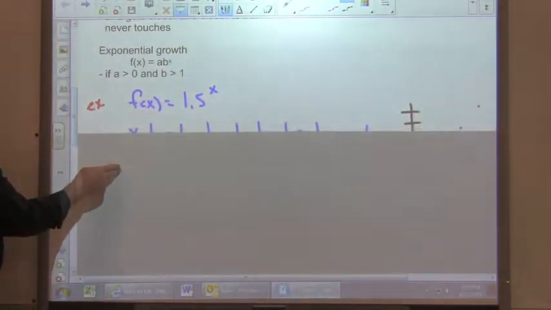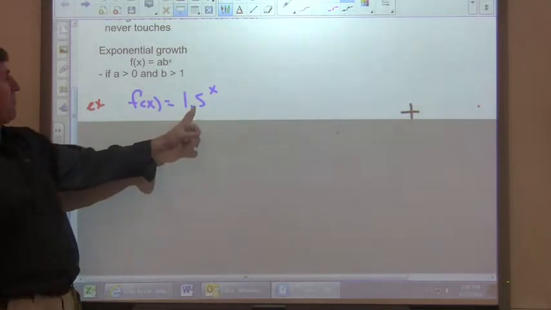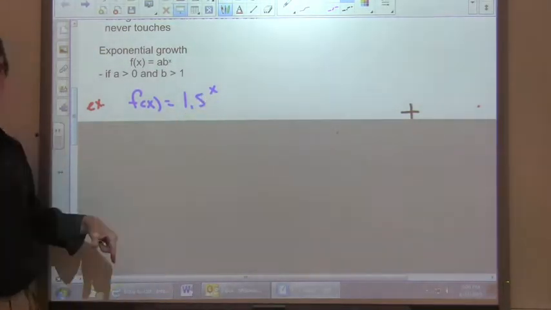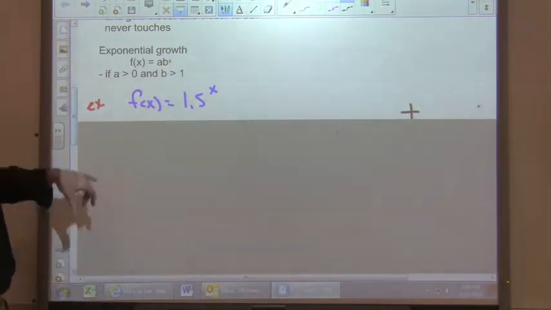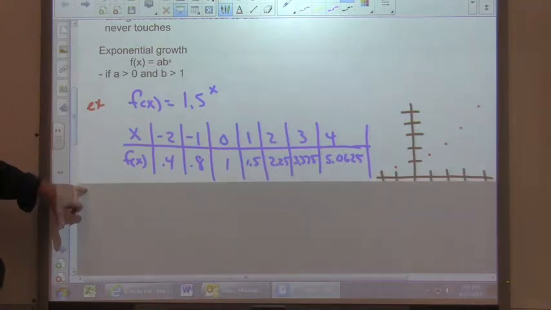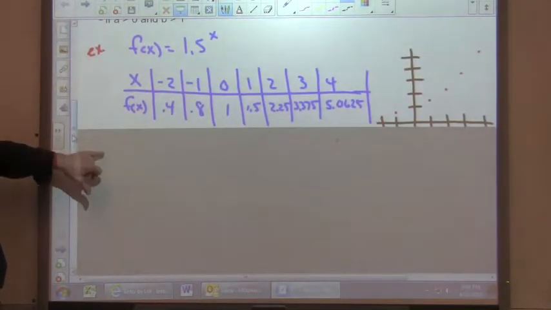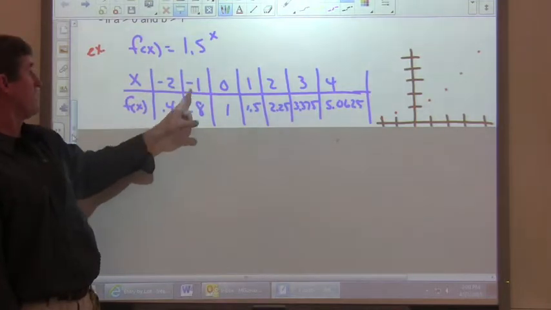So we can look at a problem here. The function f of x is defined as 1.5 to the x power, where our a in this case is 1 and b is 1.5. And if we made a chart, we plug negative 2 in, 1.5 to the negative 2 would be 0.4.